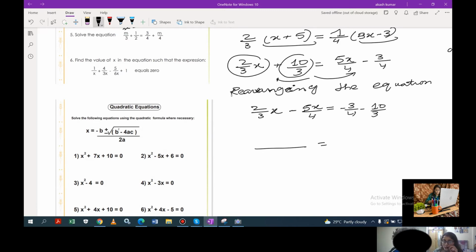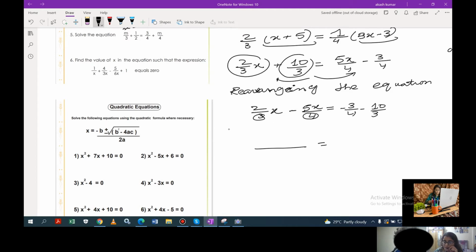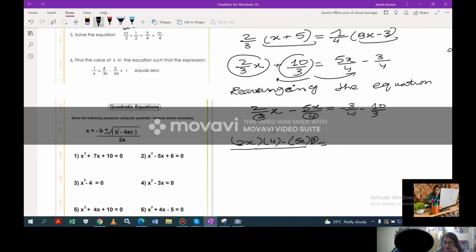Okay. Can we cross multiply to solve it? Like 2x with 4, 3 with minus 5x, and then we multiply the denominators. Is it clear? Okay, so we cross multiply 2x with 4, and then we have the minus sign, 5x multiplied with 3, and then multiplying the denominators, so it will be 3 times 4.